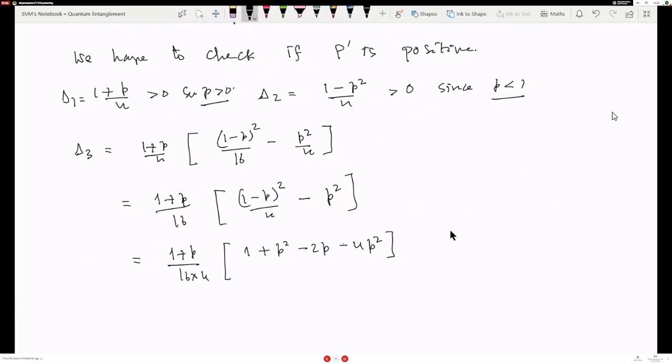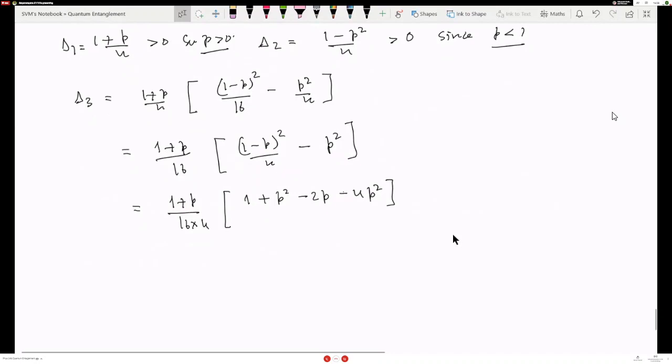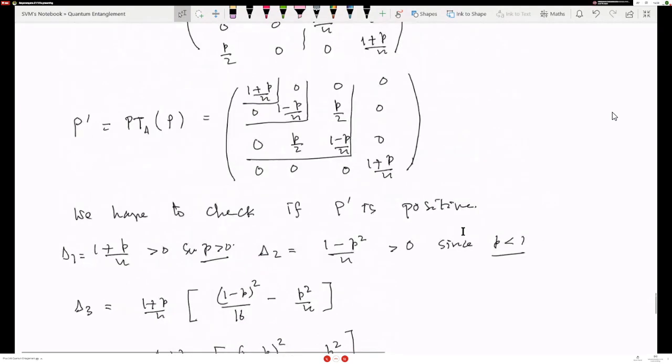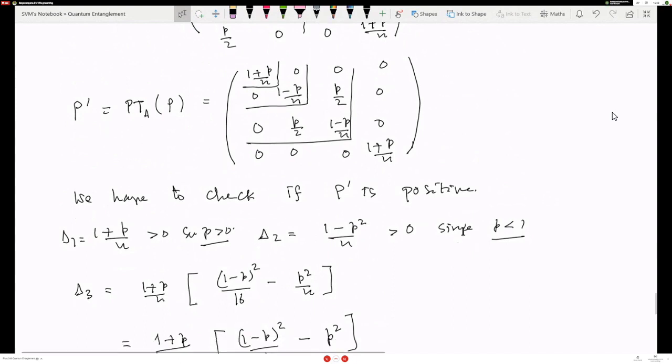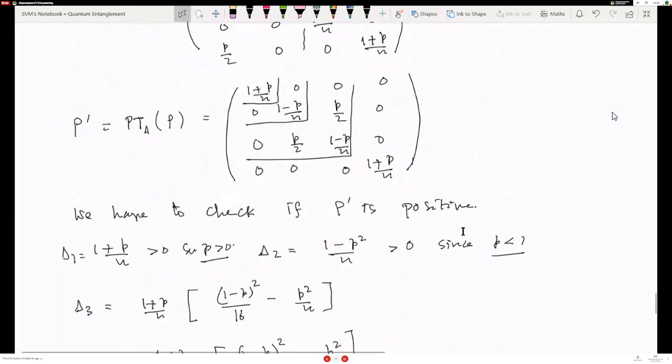That is equal to (1 plus p) divided by 64 into (1 minus 2p minus 3p square).